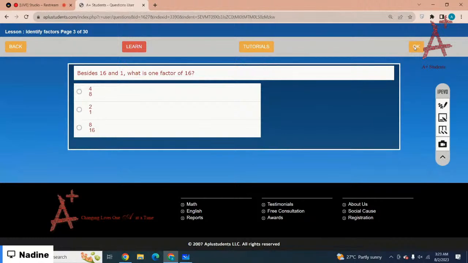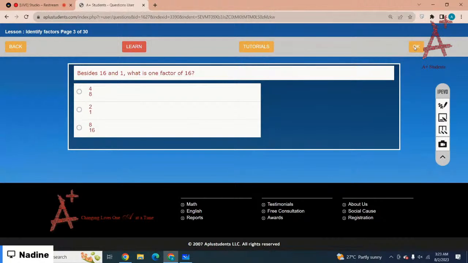Besides 16 and 1, what is one factor of 16? Which is the correct option? Other than 16 and 1, they are 4 and 8.